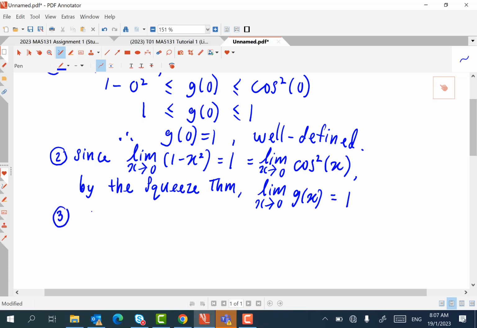Number 3, you note that g(0) is equal to 1, which is equal to the limit as x goes to 0 of g(x).